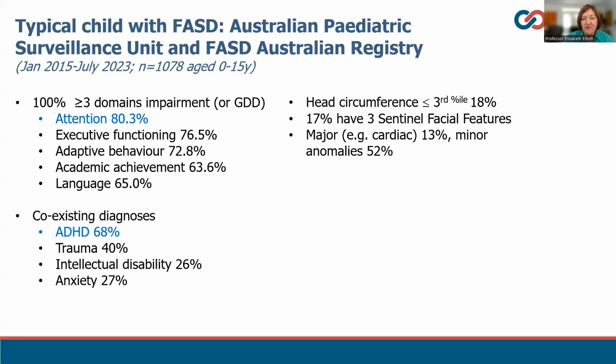In addition, many of them come to us with a range of other diagnoses: ADHD, post-traumatic stress disorder, early life trauma, anxiety, intellectual development. And many of them will have a range of physical features. So about 1 in 5 will have a small head circumference. About 1 in 5 will have the typical facial features, and several of them will have some other birth defects. Next slide.